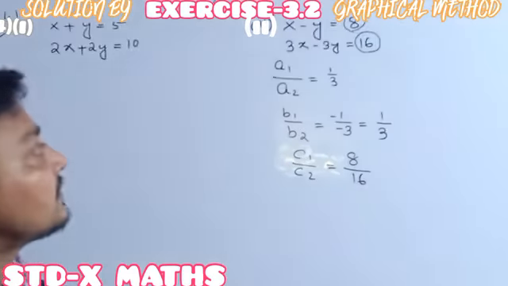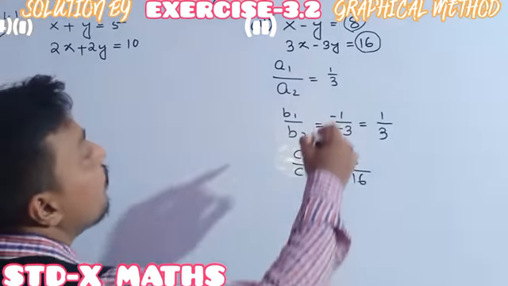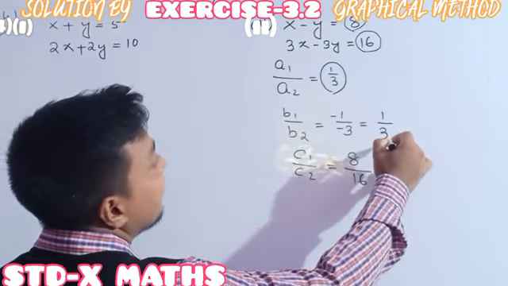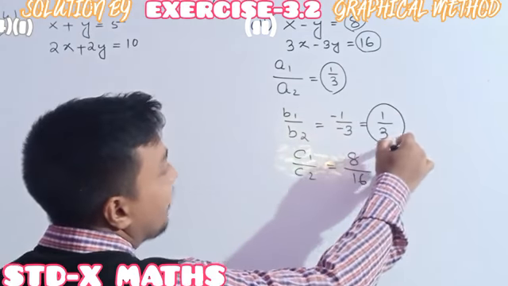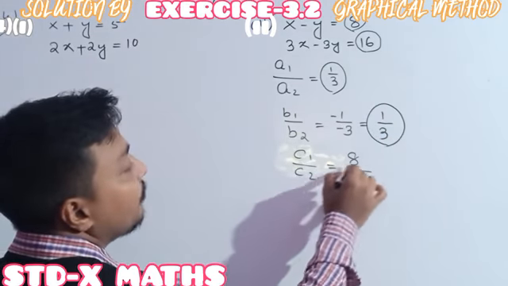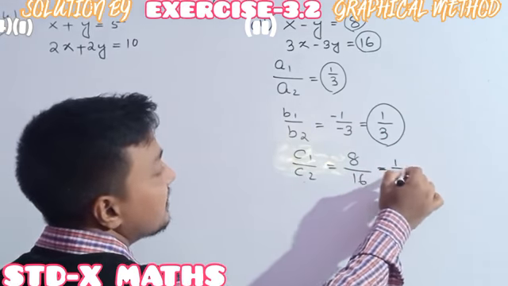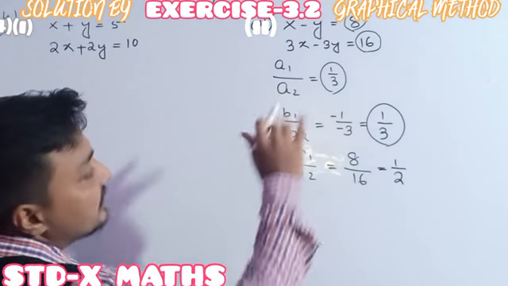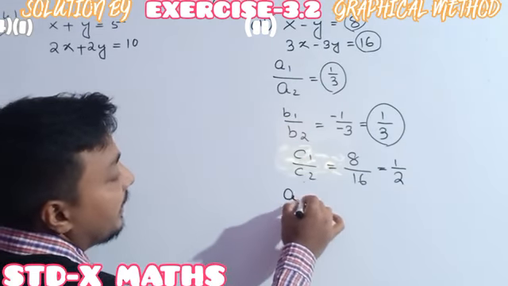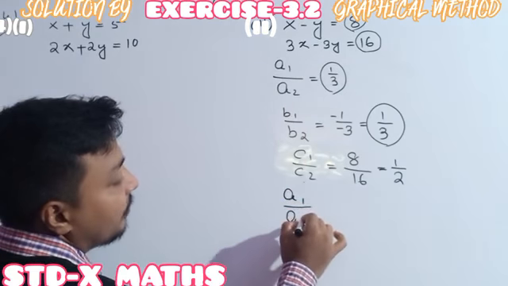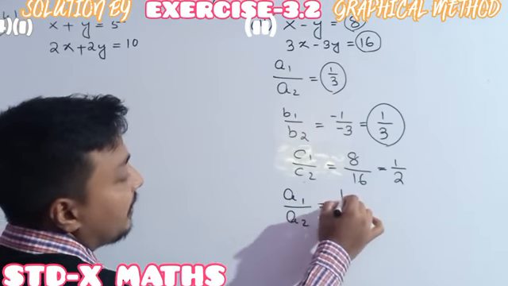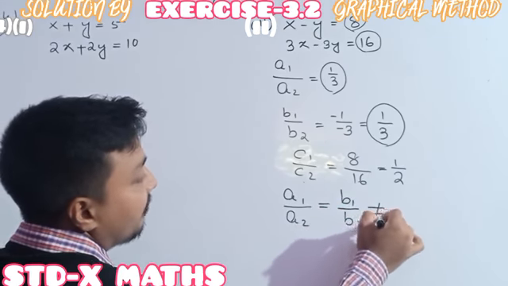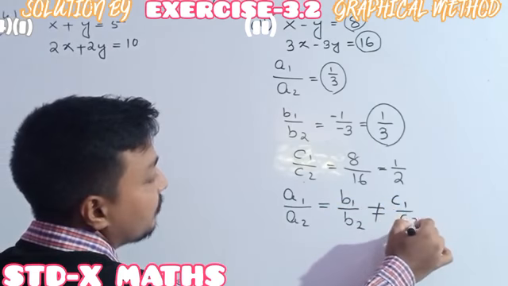Understood or not understood? See, here a1 by a2 is 1 by 3, b1 by b2 is 1 by 3, but c1 by c2 is 8 by 16, which is 1 by 2. So from this ratio checking we got a1 by a2 equal to b1 by b2, not equal to c1 by c2.